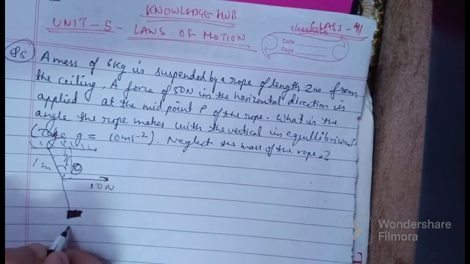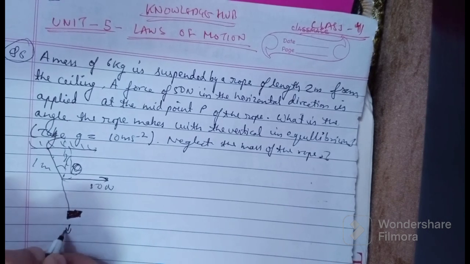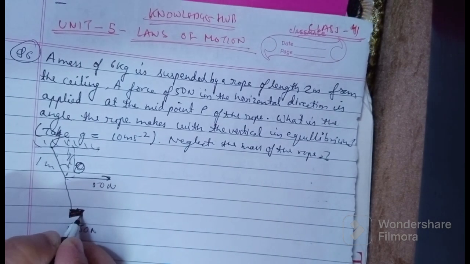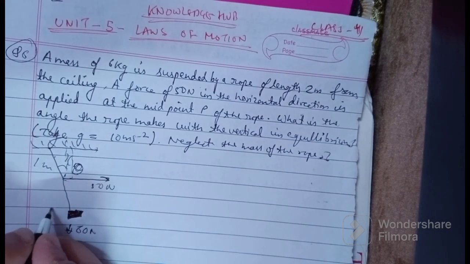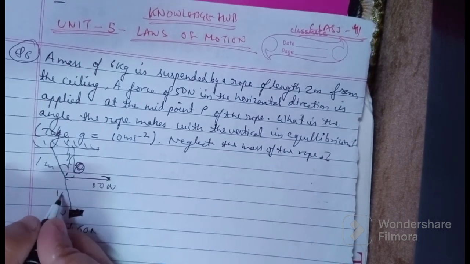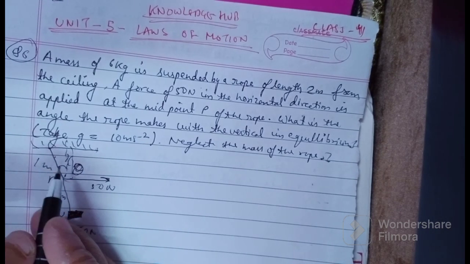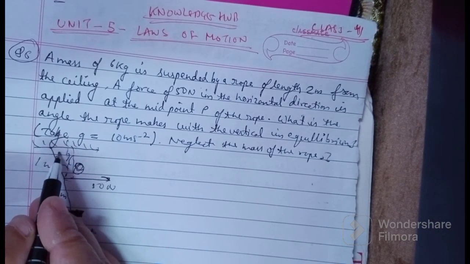This is your 60 Newton, this is your weight. 1 meter, B. This is T1.